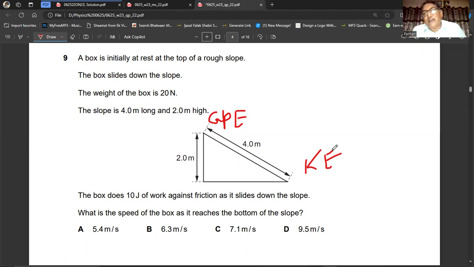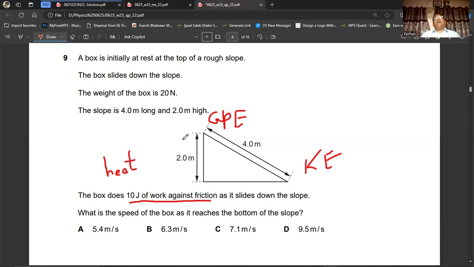But when it was coming down that ramp, it has to do work against the friction. So when you do work against the friction, that energy converts into heat. So this much energy will be converted into heat, and the energy which is converted into heat is lost to the surrounding. So that is a loss of energy.